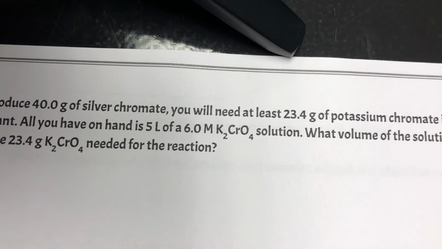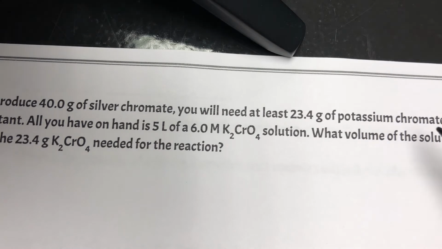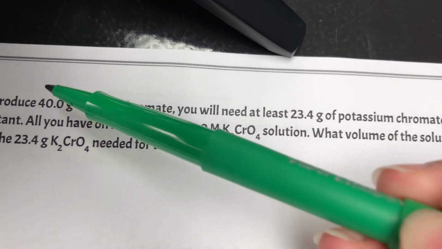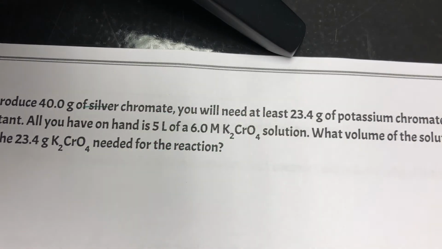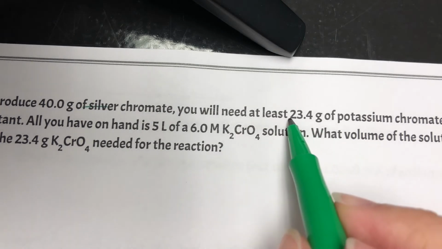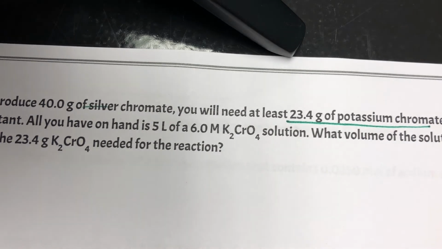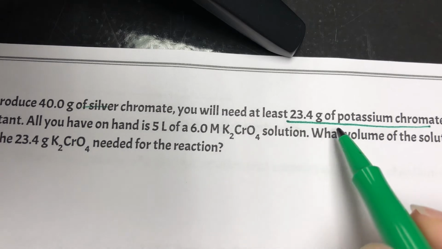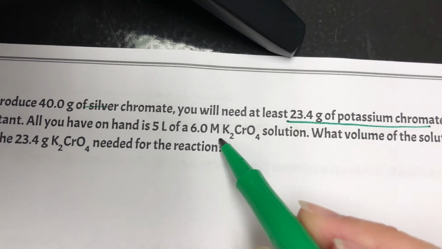Okay, so here we're going to be doing some more calculations. We're going to try to produce 40 grams of silver chromate. So I'm going to need at least 23.4 grams of the potassium chromate, which is this right here.